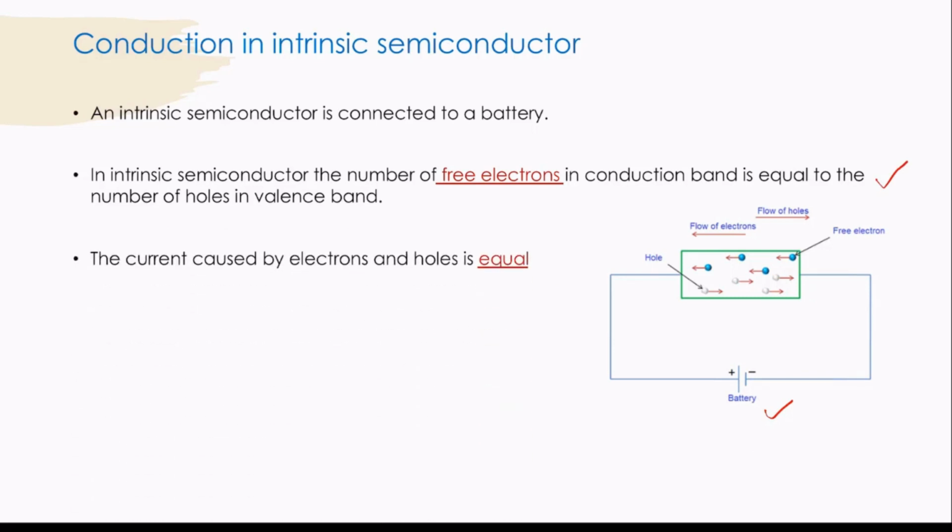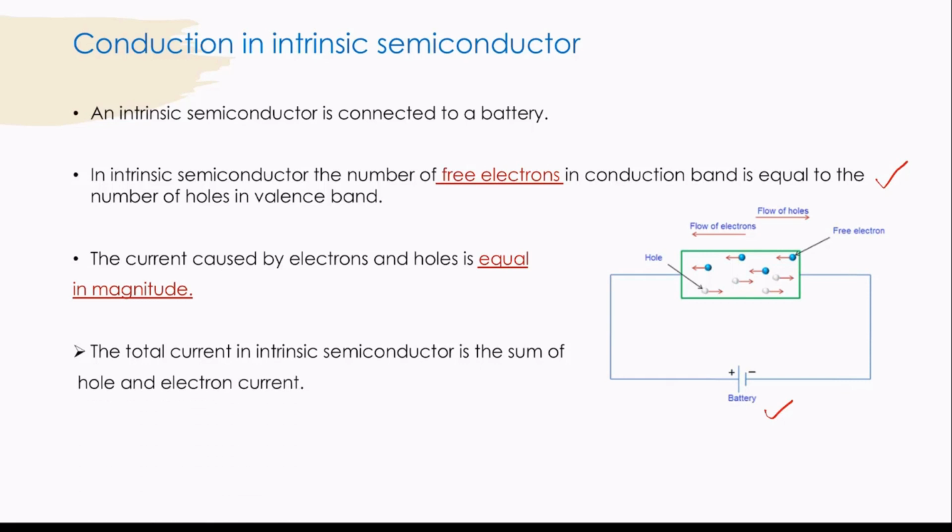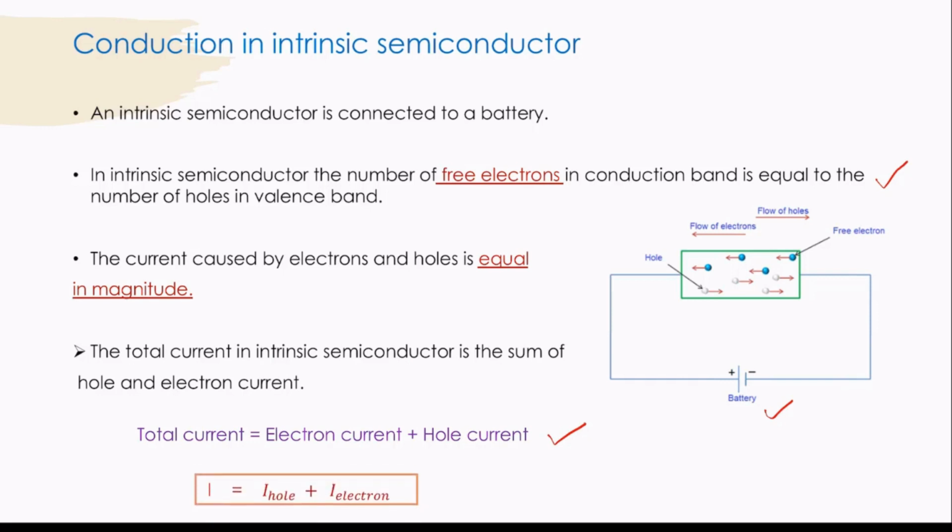And the current caused by the electrons and the holes will be equal in magnitude. Hence, the total current in the intrinsic semiconductor is the sum of hole and electron current, which is expressed as total current is equal to electron current plus hole current, and it is given as I is equal to I hole plus I electron.